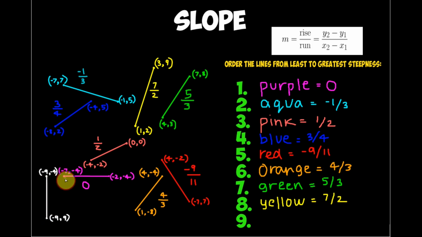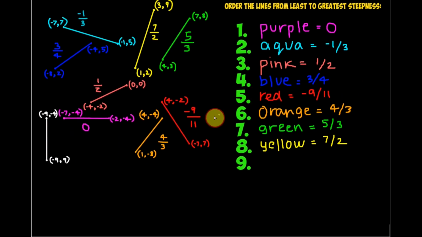It's the steepest out of all of them. But this doesn't really have a slope. So let me scroll down and I'll show you why. The y2 for this is going to be -4 minus 9, and the x2 is going to be -9 minus -9, x1. This becomes -4 minus 9 is -13, divided by 0.